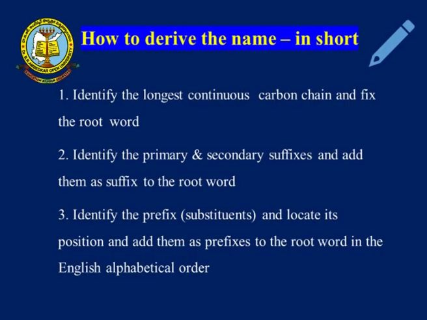So, at the end, I want to conclude by saying, the first thing you are doing is fixing the root word. Then, depending upon the number of carbons, you identify the prefixes and put them before the carbon chain in English alphabetical order.